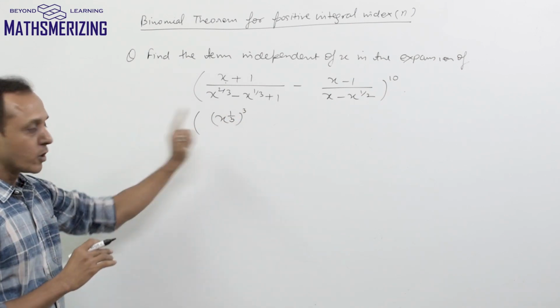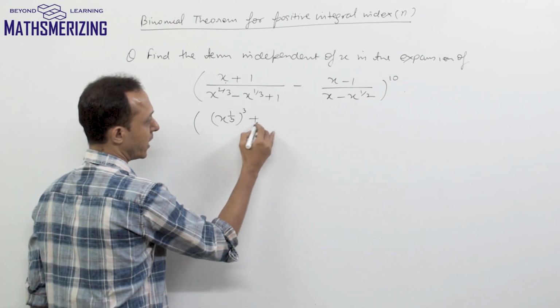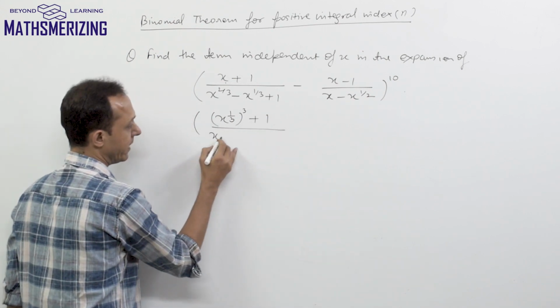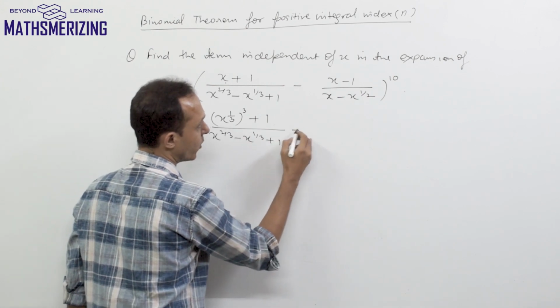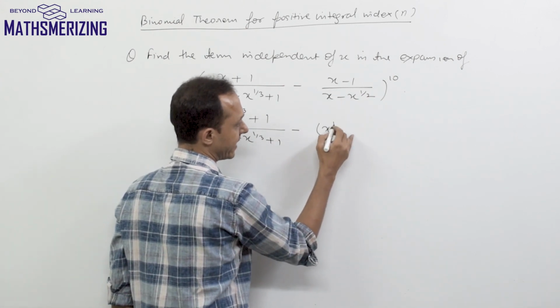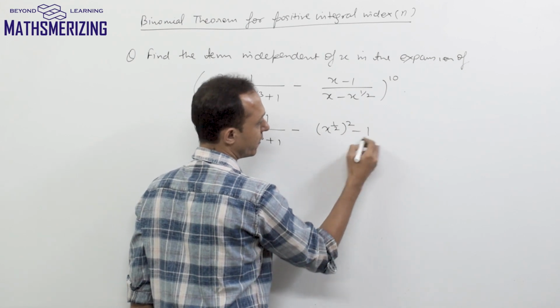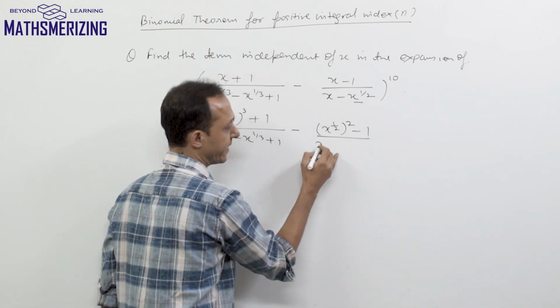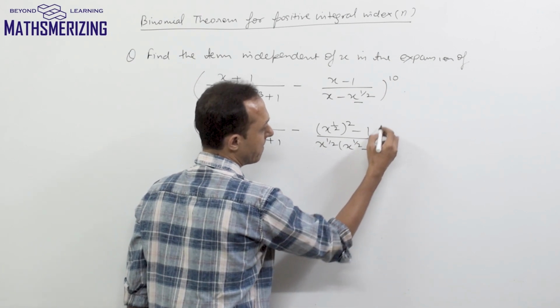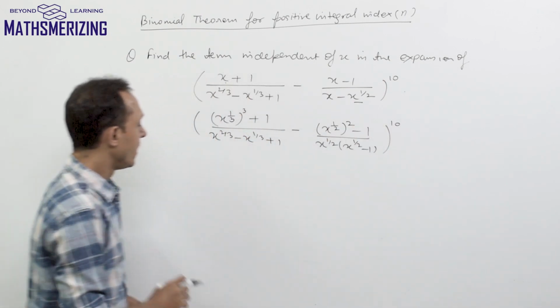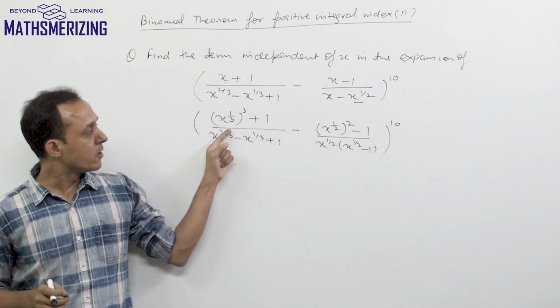x as cube root of x, and then plus 1, and here will be x to the power 2 by 3 minus x to the power 1 by 3 plus 1. And I'll also write this x as square root of x, and here I'll take square root of x common, and here will be x to the power 1 by 2 minus 1, whole to the power 10. Now I'll use the formula for a cube plus b cube.